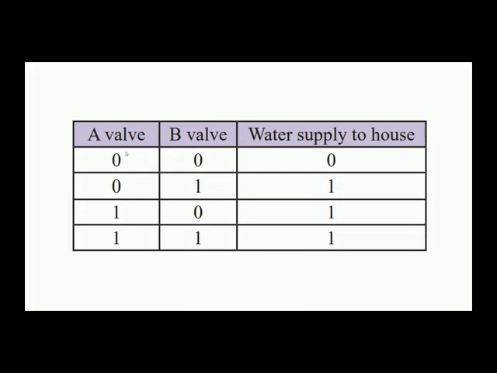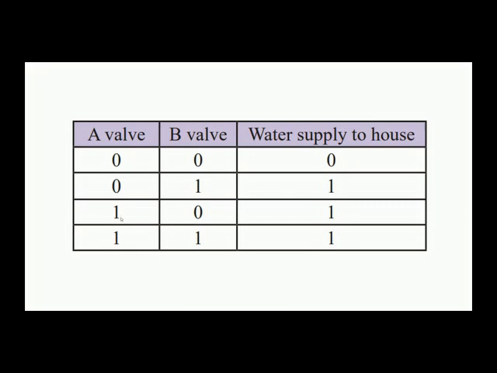So if we take 0 for closed and 1 for open, now both the valves are closed here, 0, 0. Then the water supply is not there, so it is 0. And one valve is open, so it gets water.